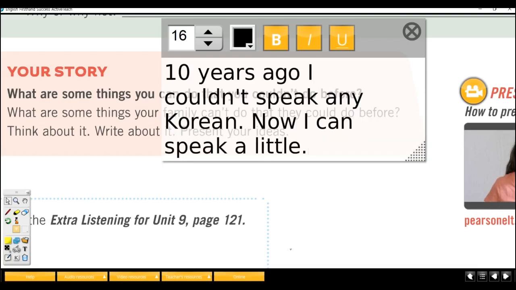Okay. 10 years ago, I couldn't speak any Korean, and now I can speak a little. 10년 전에, 10 years ago, I couldn't speak any Korean. 한국말 말 못했었어요. And now I can speak a little. 지금 now 요즘 이제 I can speak a little. 조금 할 수 있어요. And let's do another one.